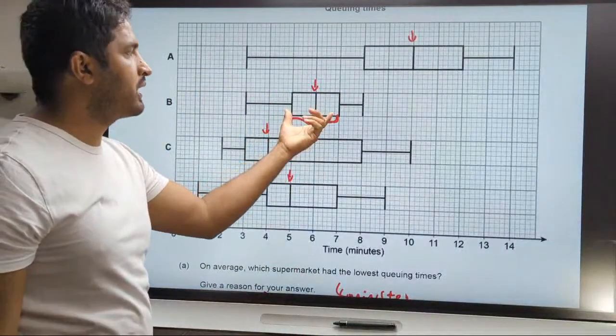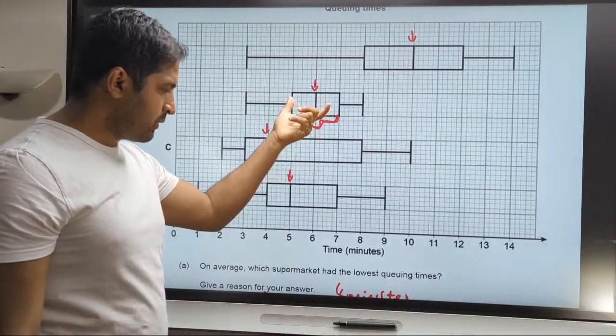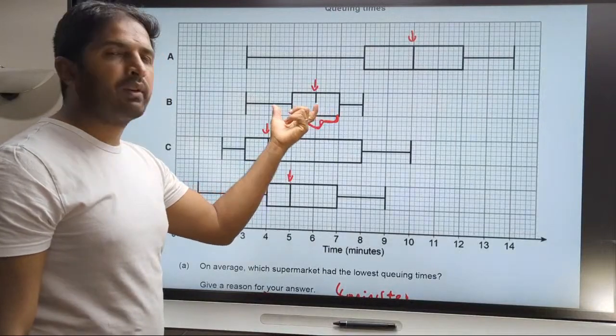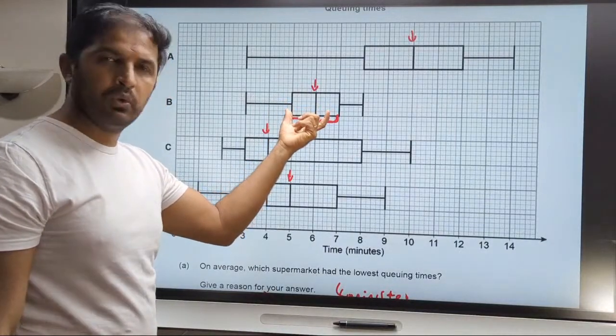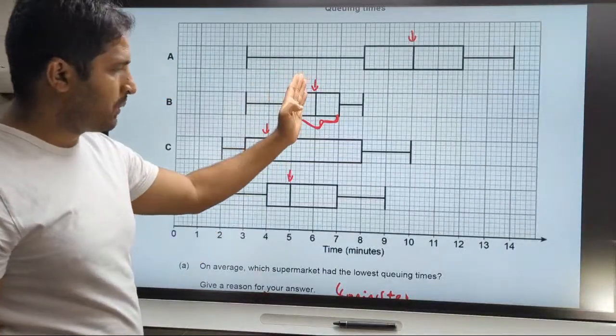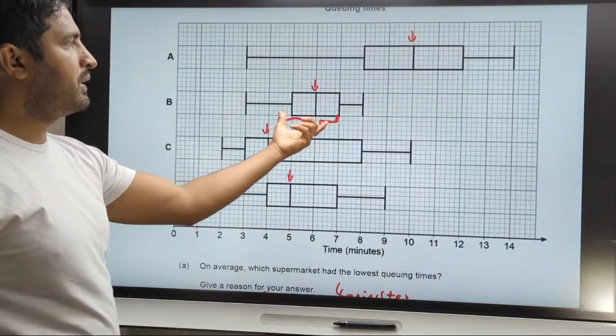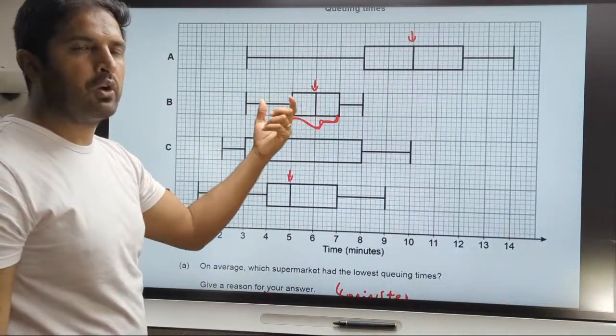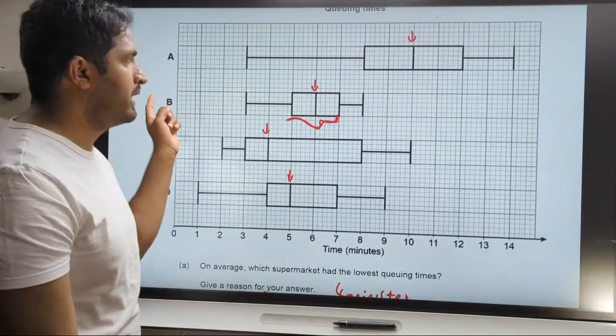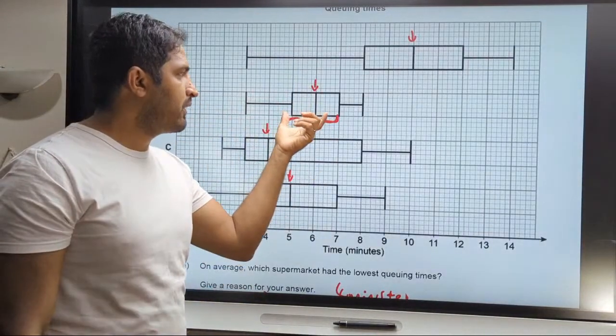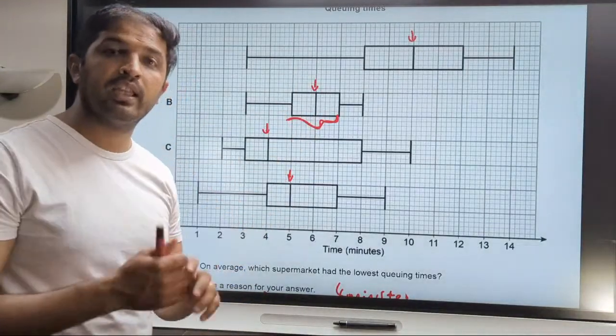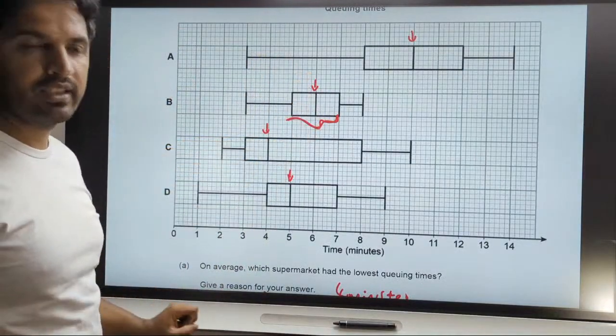So 50% of the data are within that 2 minutes, or 50% of the customers had to wait between 5 and 7 minutes. That's the middle 2 minutes in there. Okay, I know they had to wait 6 minutes on average, but their range is a lot smaller. If you go to supermarket B, you're going to end up waiting somewhere around 5 to 7 minutes. And that's what consistency means.